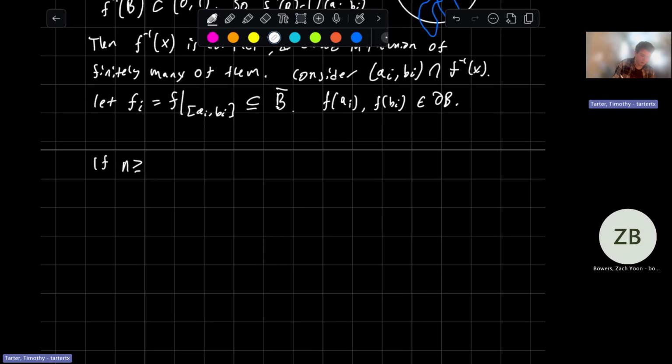So then if n is greater than or equal to 2, let g_i be a path from f of a_i to f of b_i, and I'm making a squiggly arrow here as abusive notation, in the closure of B without x.